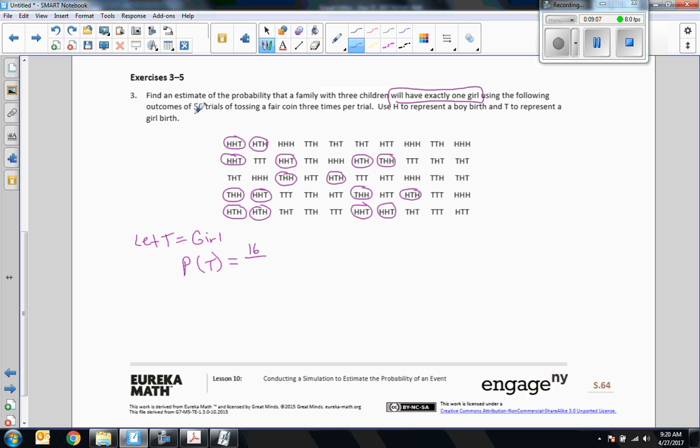We were told it was 50, a row of 10 with 5 rows, so the probability that we would have only 1 girl is 16 out of 50 attempts, which is 32%. So there's a 32% chance that we will have exactly 1 girl.